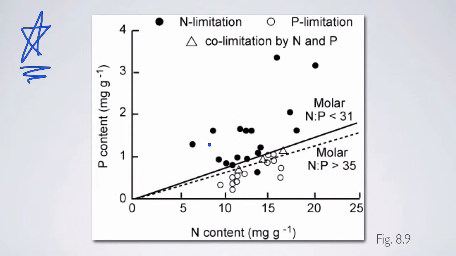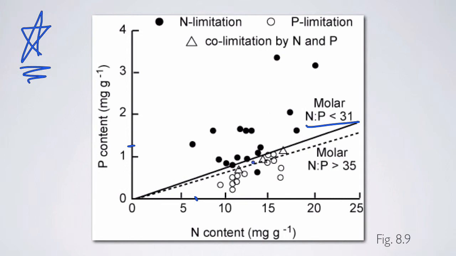Each data point represents a site where they looked at the N concentrations and the P concentrations of leaves, and then did additions of nitrogen, phosphorus, or both, and looked at the response. What they found was that the ratio of N to P can be generated by looking at the N and P concentrations. Here, N to P is shown in molar ratios, the ratio of the molar concentrations of N and P.